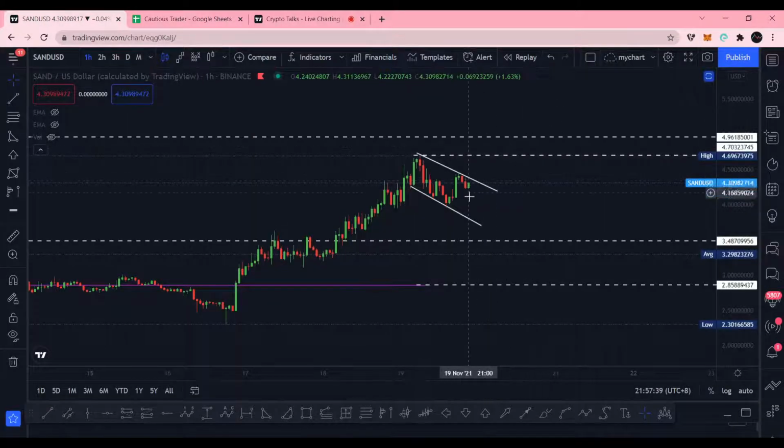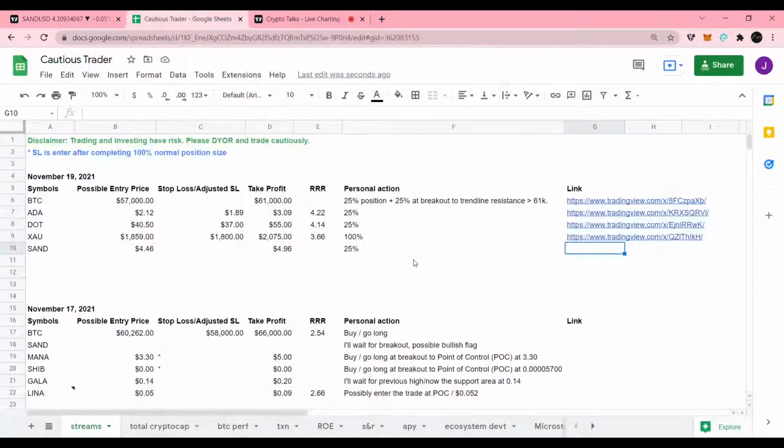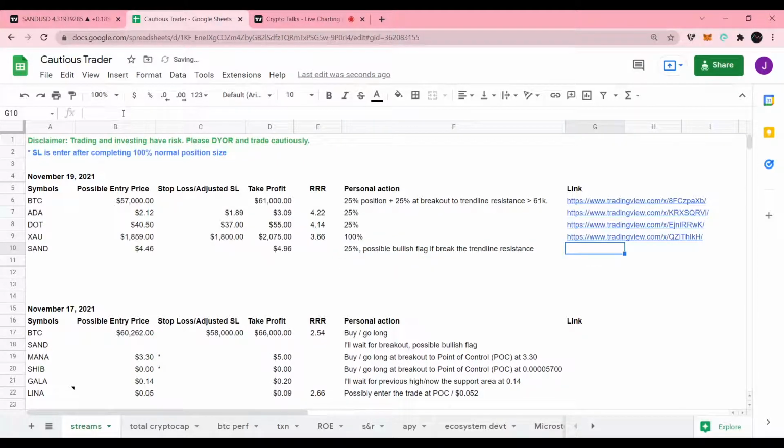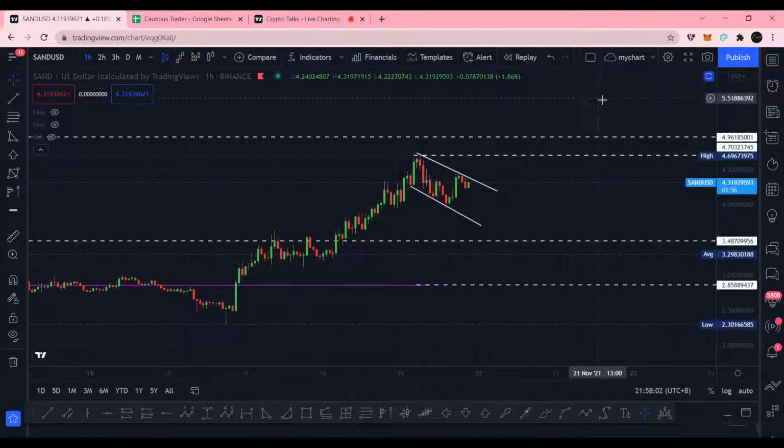So yeah. So tingin ko naman, it seems like a possible bullish flag, and a possible bullish flag if it breaks the trend line resistance. So and then I'll just capture that.